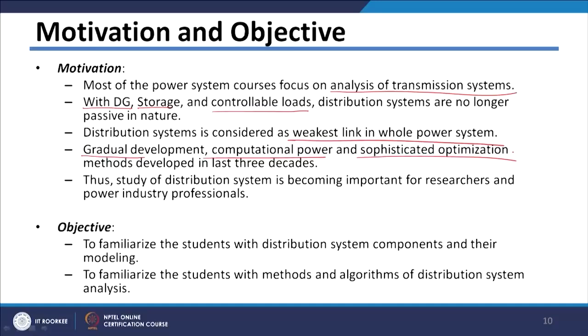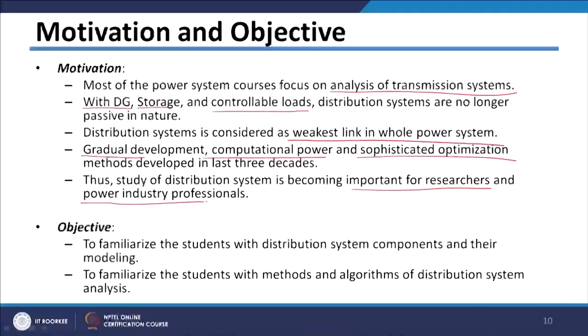Because of that, distribution system analysis is becoming very important for the researchers working in the area of distribution system and industry professionals working in the distribution sector. These results obtained from distribution system analysis will be quite useful while making decisions during the operation as well as design stage of the distribution system.